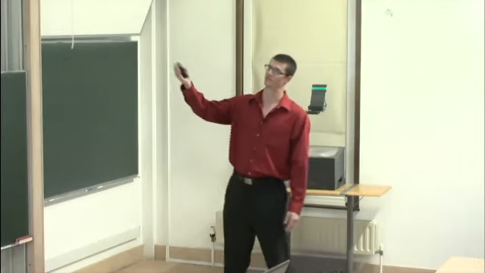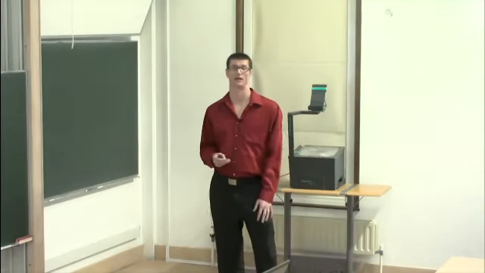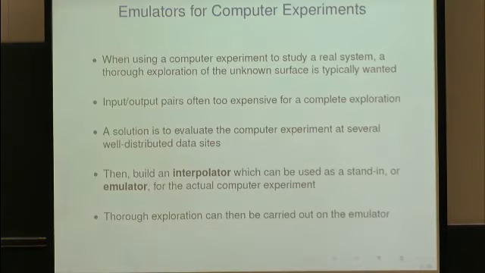These runs of these heat equations might take a day or half a day or some of them even a couple of days, and they can't find the optimal place to put all the fans using this. They need to build an emulator. So everyone's probably on board with that, would be my suspicion.